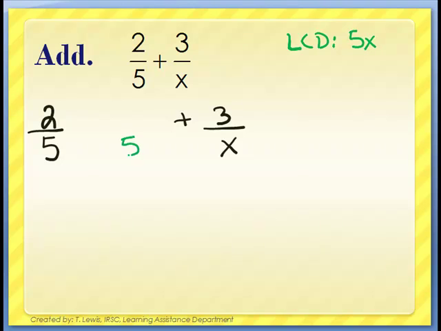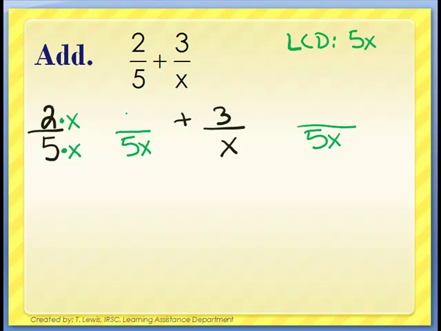So we're going to convert both fractions into having a common denominator of 5 and x. So let's look at 2/5. What will we have to multiply 2/5 by to get into 5x? Well, 5 is already there in the denominator. To make it 5x, we're going to multiply the 2 over 5 by x.